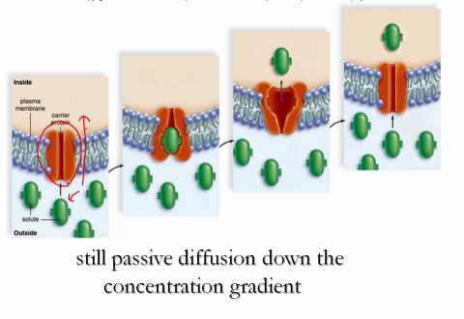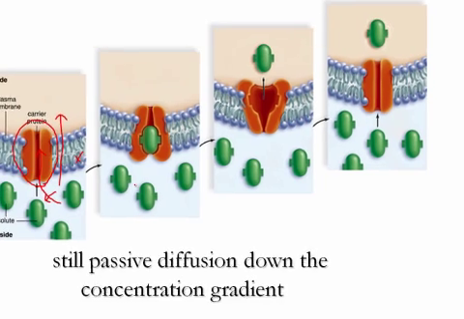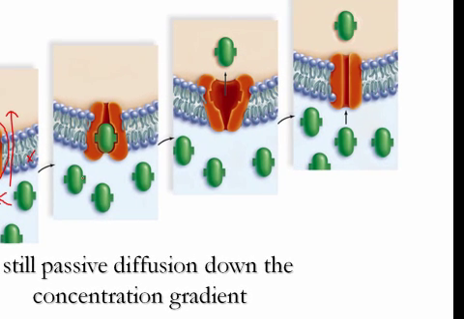It can't go through the phospholipids, and so this carrier protein can bind this molecule and carry it across the membrane. This is still a passive mechanism, the cell's not having to use any energy because this is driven by the concentration gradient.